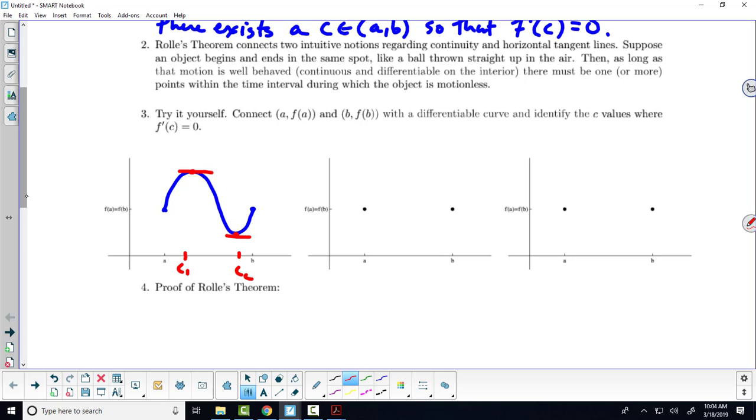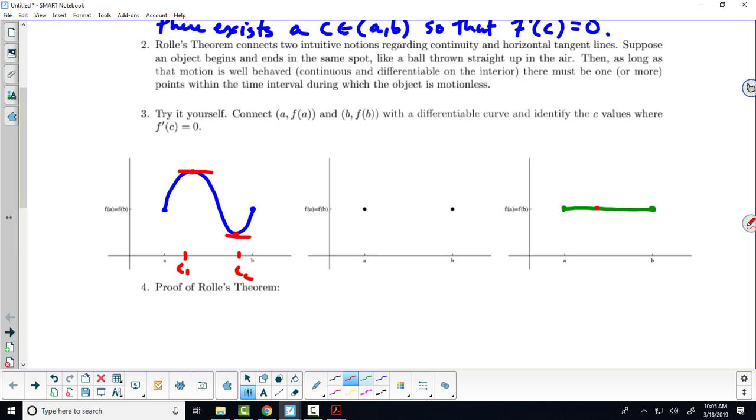So you fill out the other two. Rolle's theorem says there's no way you can get from point a to point b in a continuous manner, differentiable on the interior, without having a place where you have a horizontal tangent line. At least one. You'd also have an infinite number of c's if it was just a line. Good, I like that. Let's look at that case; I'll put that one over here. Keep that case in mind because we're going to need it as we prove this.